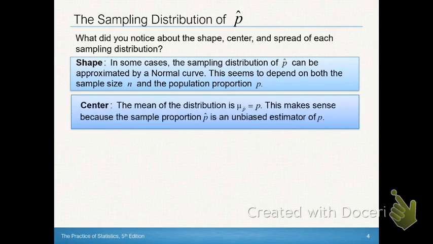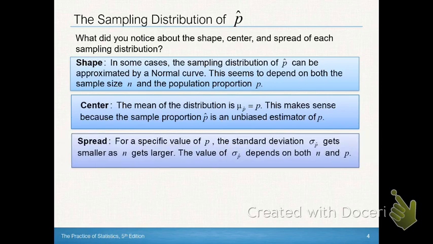For center, this happened in all four distributions that we looked at, where our sampling distribution had the same mean as the population. That's always going to be true; they're going to be close to each other. And for variability, we saw the same pattern both times and in previous sections of notes: as you take a bigger sample size, your variability gets smaller.